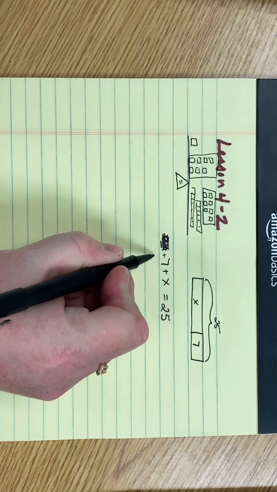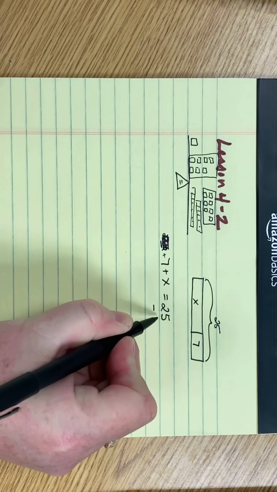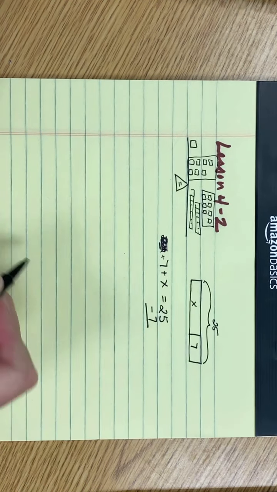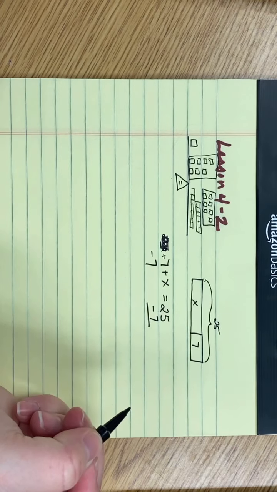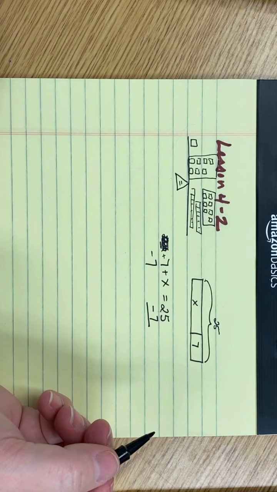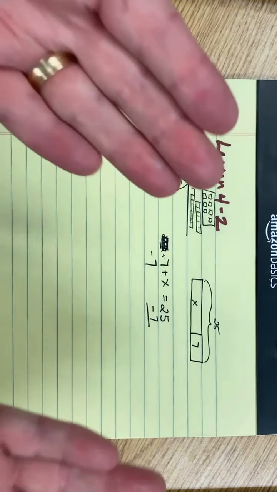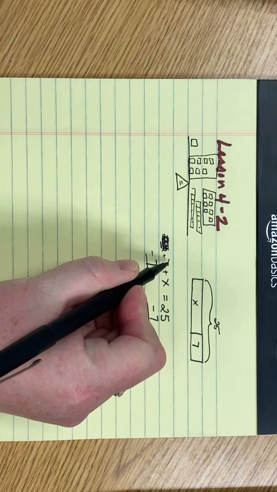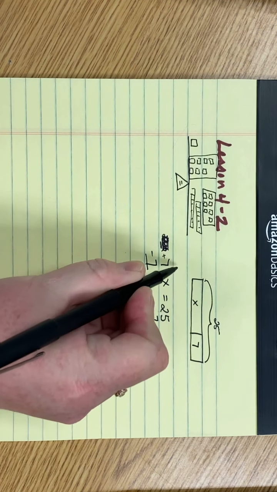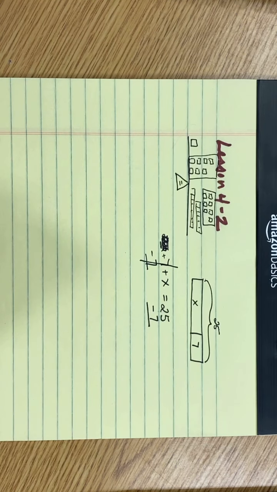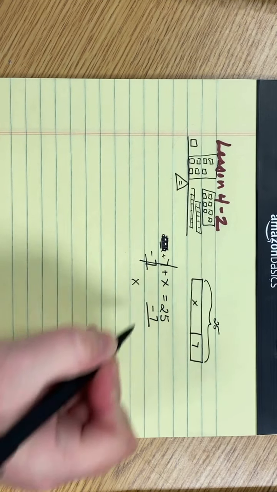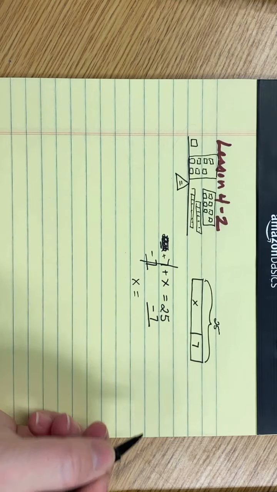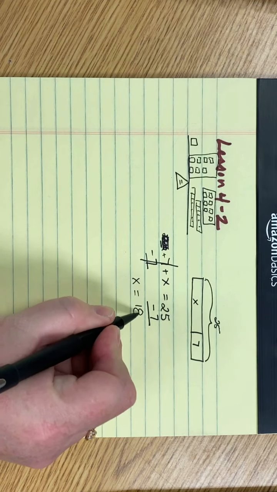I'm going to do the opposite. I'm going to subtract 7 from here, and I'm going to subtract 7 from here, because now I want you to think of that as a balance. We have to keep balance, equilibrium with that equal sign. And so if I have 7 and I take away 7, those cancel each other out, and I'm left with x. And that is going to equal the 18.